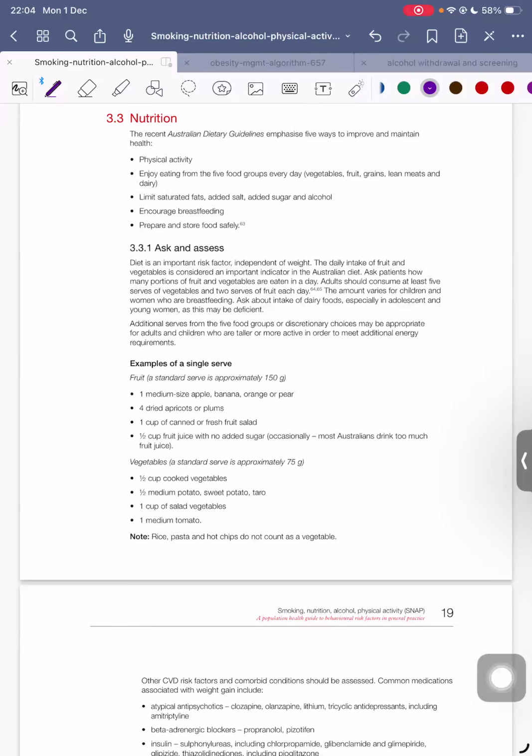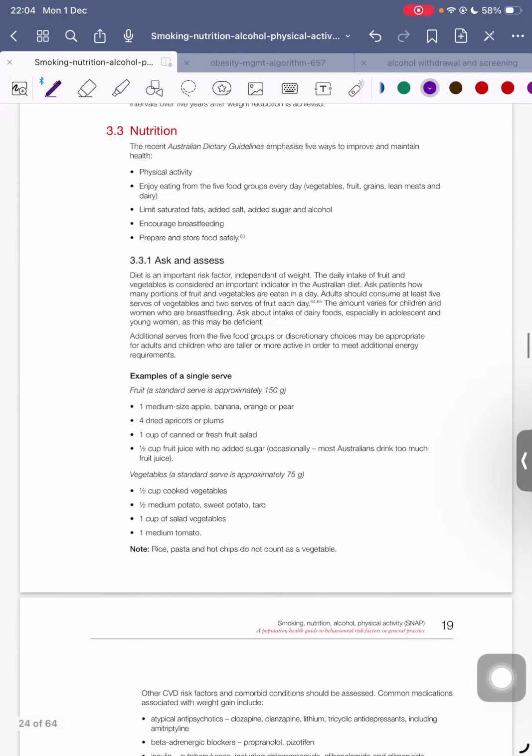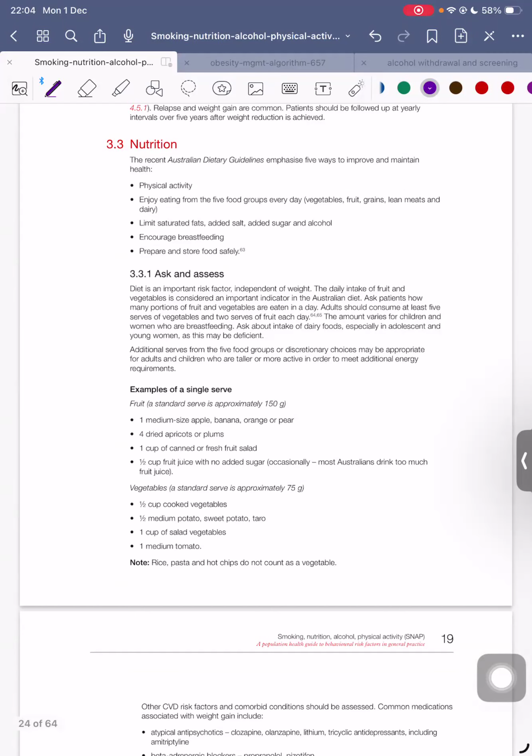About the session. So what about nutrition? Just listen carefully. You don't have to read each and everything. I'll explain what you have to remember. In nutrition, we have to assess how often our patient is taking fruits and vegetables, like that.